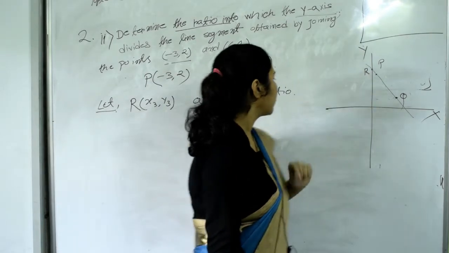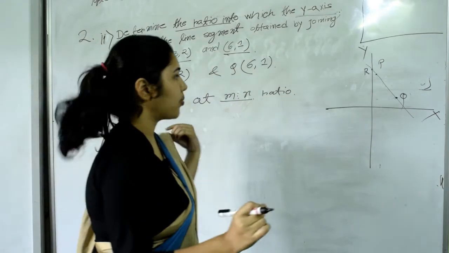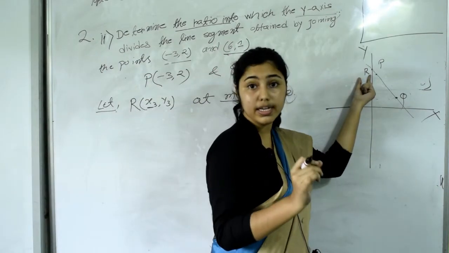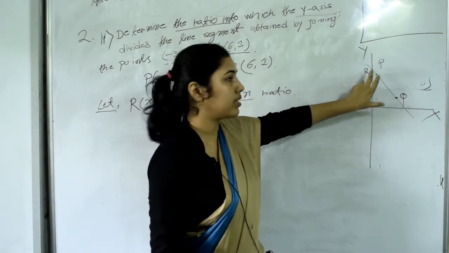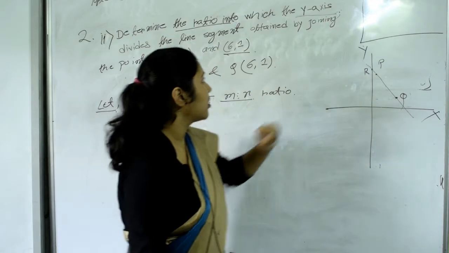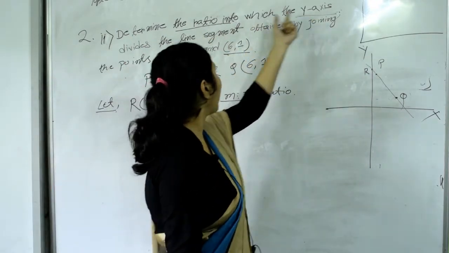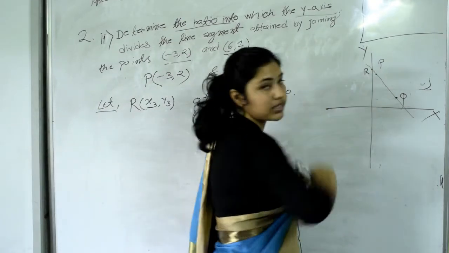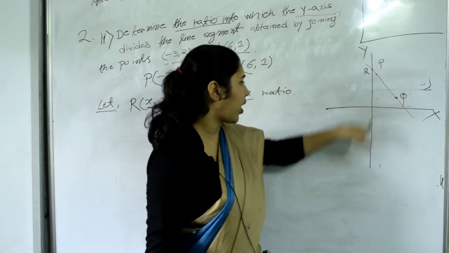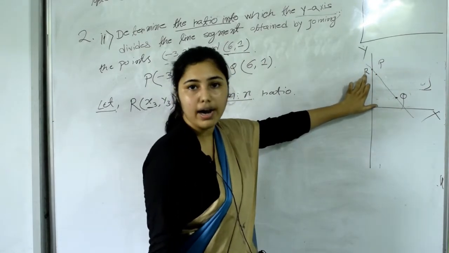Which means the value of x3, the abscissa of the point R, is 0. Why? Because this point R is on the y-axis. We have to find the ratio into which the y-axis divides the line segment, which means we have to find the point of intersection of the y-axis and this line segment, which is R.